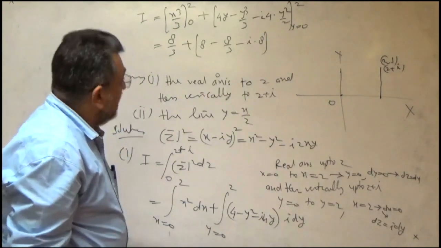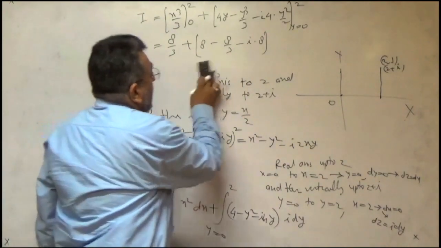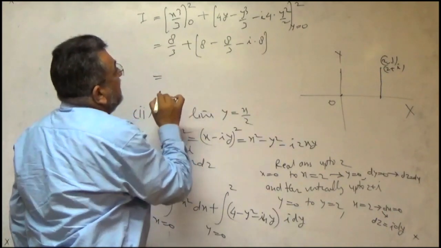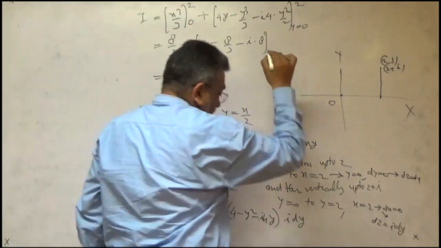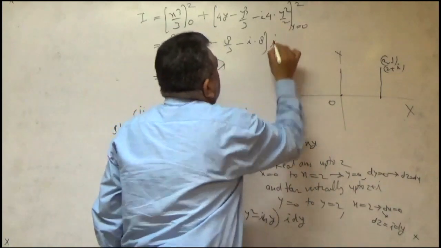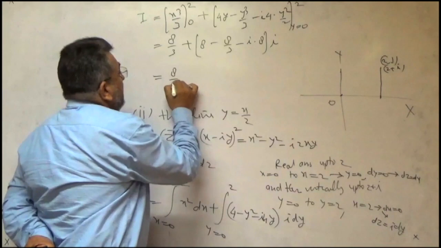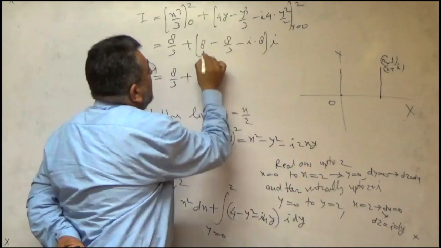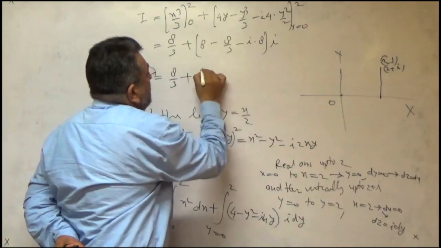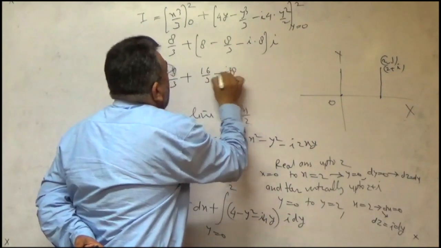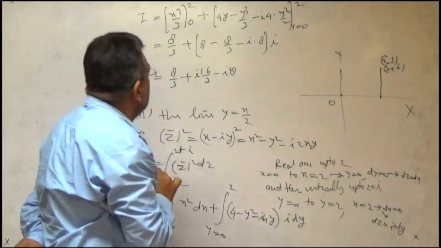Now calculate this again. Further calculate this. This is 8 by 3 and into i. Calculate this, that is 8 by 3. This is 16 by 3 minus i square into i. i square is minus 1, so it is plus i.